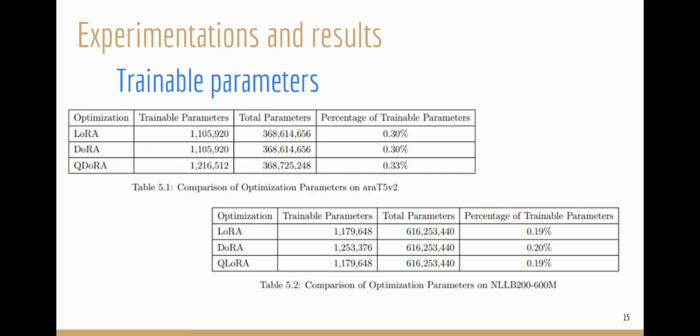Here we see the trainable parameters. LoRa, DoRA, and QDoRA updated about 0.30% of the trainable parameters in mT5, and in the NLLB model about 0.20% of the parameters were updated.